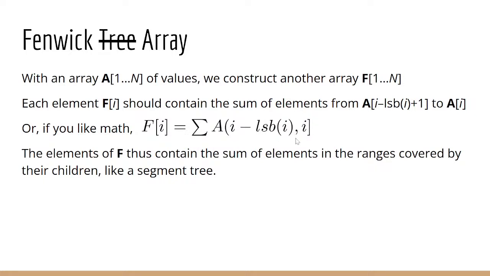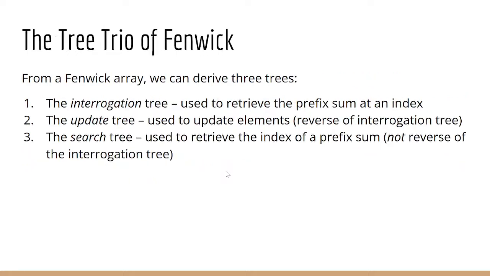And the elements of f contain the sum of elements in the ranges covered by their children, so it's a bit like a segment tree. So we will need these 3 trees in order to perform operations on the Fenwick tree. This one is not used very often, but we'll need the interrogation tree and the update tree.